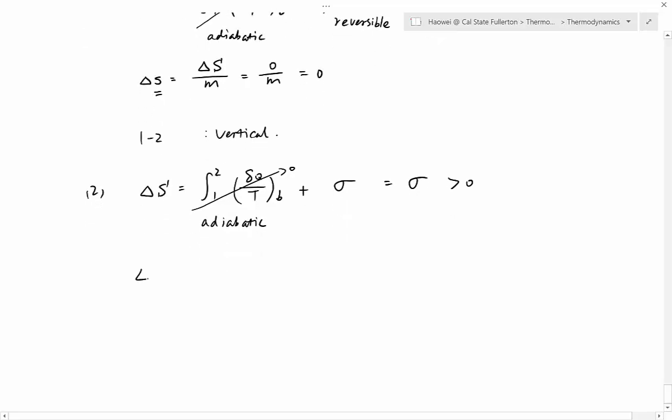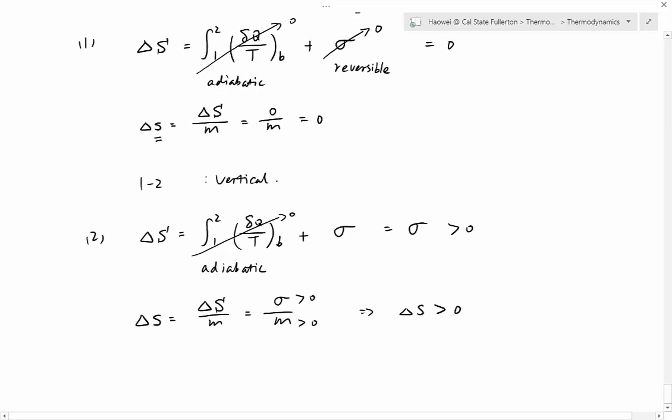And then what is delta lowercase s? That's delta capital S over mass. And we know delta lowercase s is just equal to sigma over m. Sigma, we know irreversible must be greater than 0. And then mass always positive. So we can say delta lowercase s must be positive. Delta s must be positive.